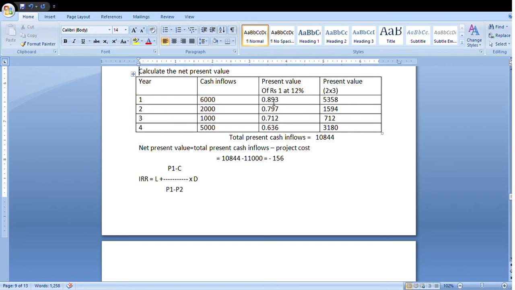First year 0.893, second year 0.797, third year 0.712, fourth year 0.636. This is the third column.